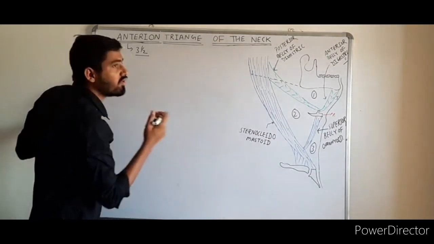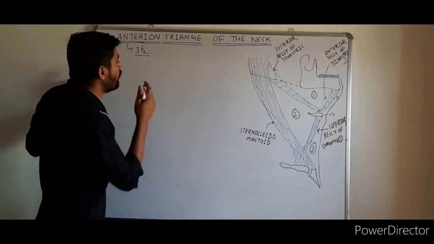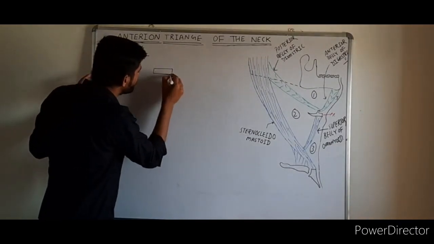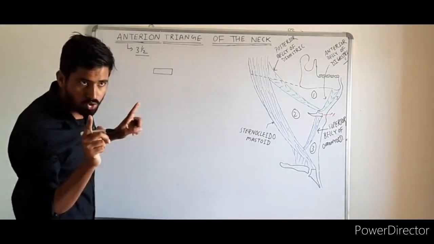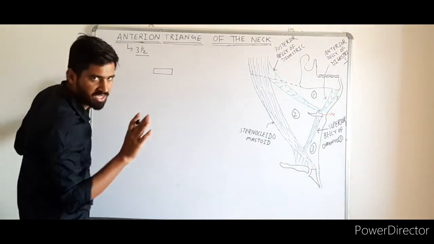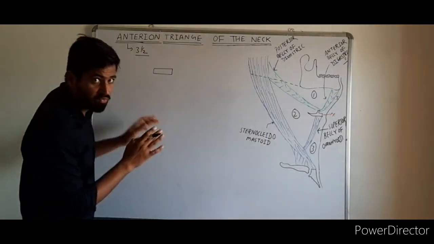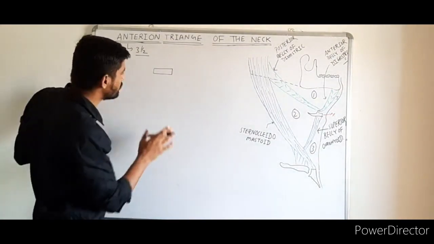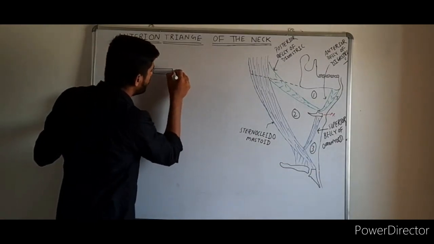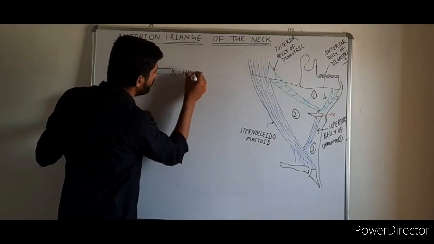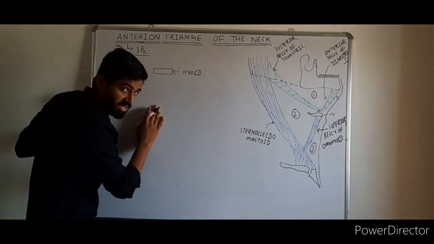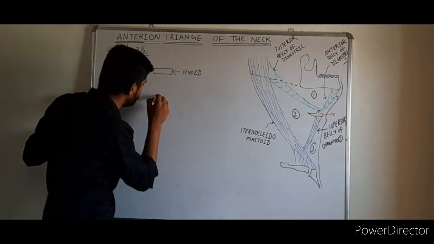We have here one bone, the hyoid bone. I am just drawing it. I know this is not the exact shape of the hyoid bone; I am drawing it just for our better understanding. So imagine this is the hyoid. And here the thyroid cartilage.